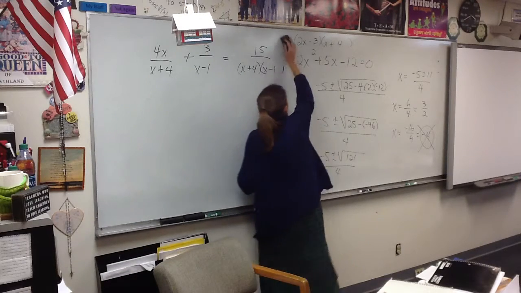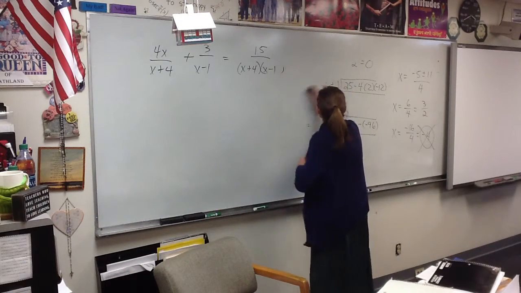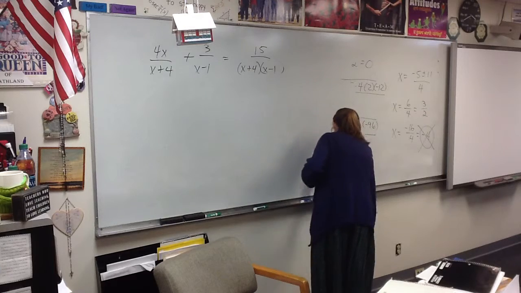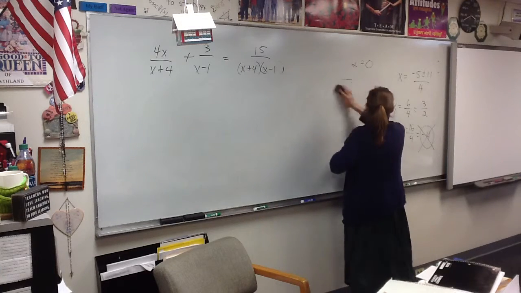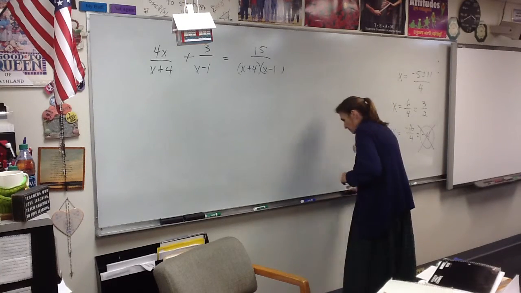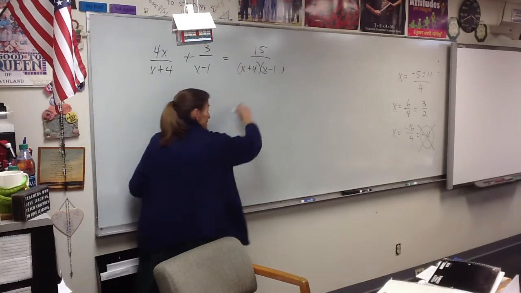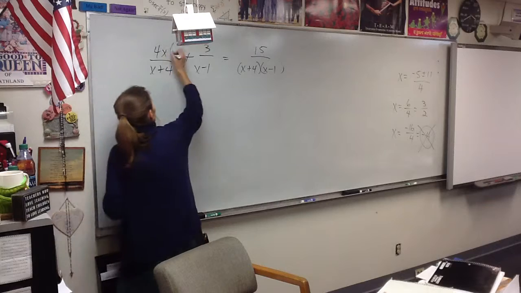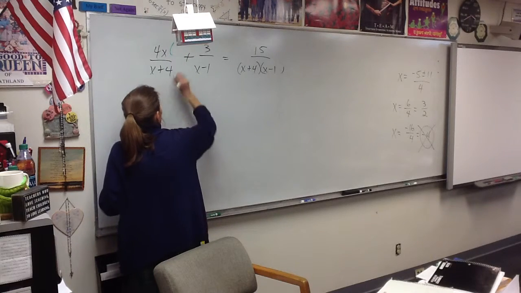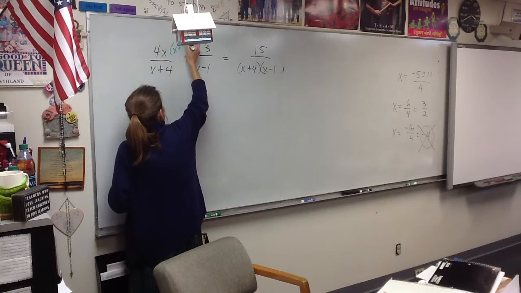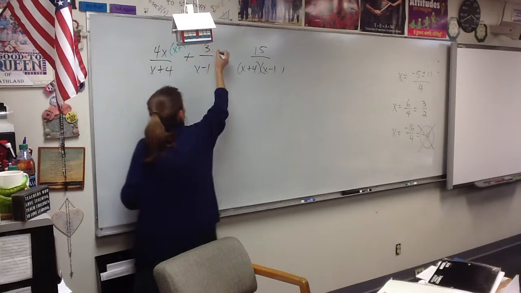Now, what am I going to do next? I am going to take my green marker, and next to every one of these fractions, I'm going to write what? X plus 4, x minus 1.